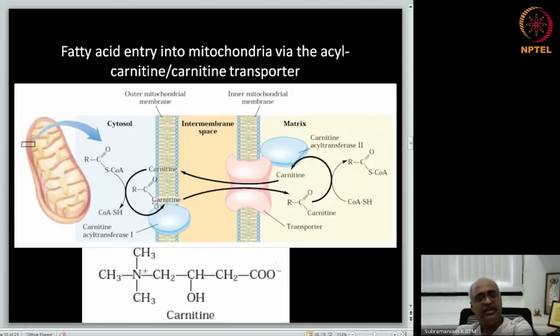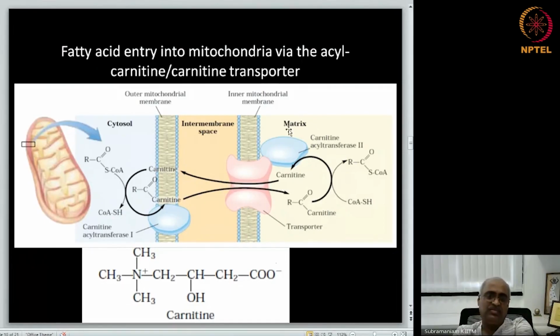forms the carnitine acyl group, or acyl carnitine. This acyl carnitine crosses the intermembrane space and gets transported via the carnitine-acyl carnitine transporter. In one direction, it is acyl carnitine that goes in.